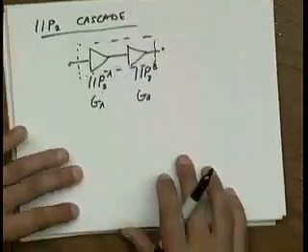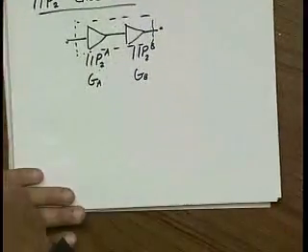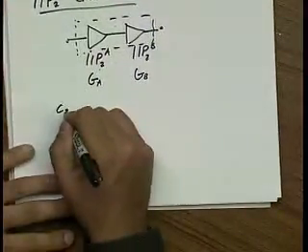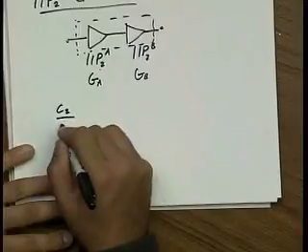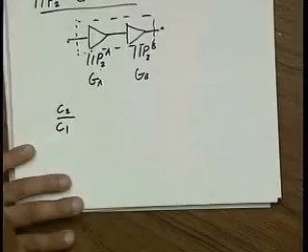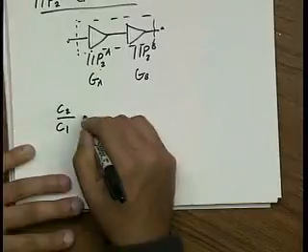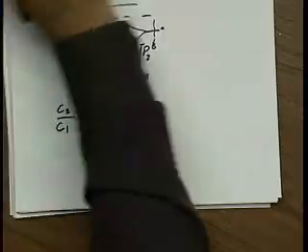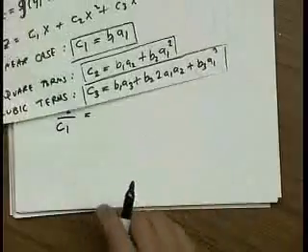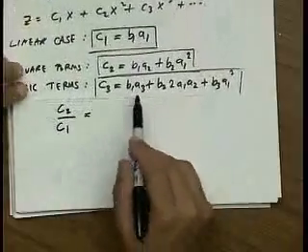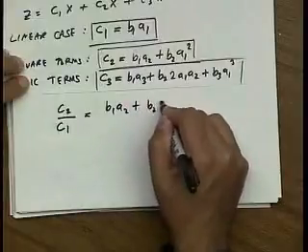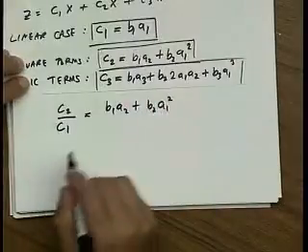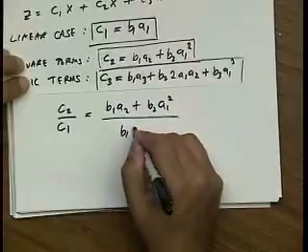Well, it's very simple. I can actually use the result that I just derived for cascade. I know that the ratio of C2 over C1 for the cascade, if I go back, I calculate that C2 is B1 A2 plus B2 A1 squared, and C1, of course, is B1 A1.